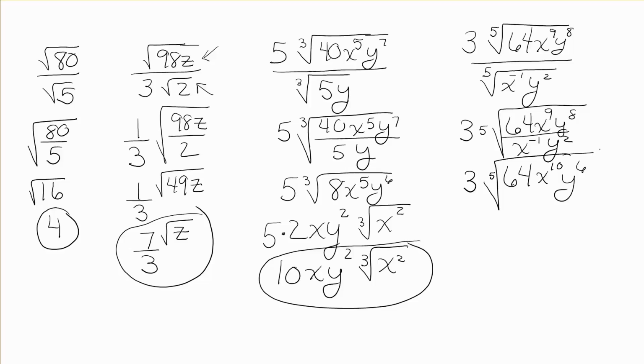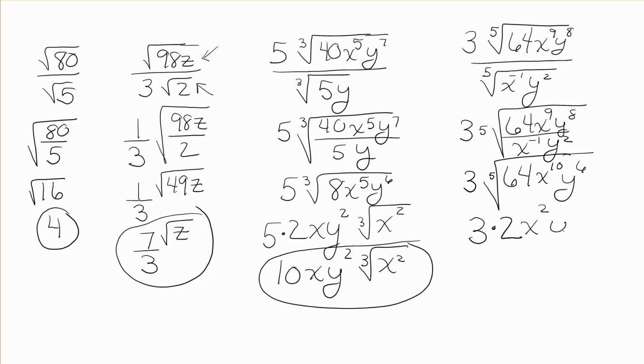The 5th root of 64, let's see, 2, 4, 8, 16, 32. 32 is 2 to the 5th. So we can pull out a 2. How many groups of 5 do we have in 10 x's? We have 2 perfect groups. How many groups of 5 in my y's?